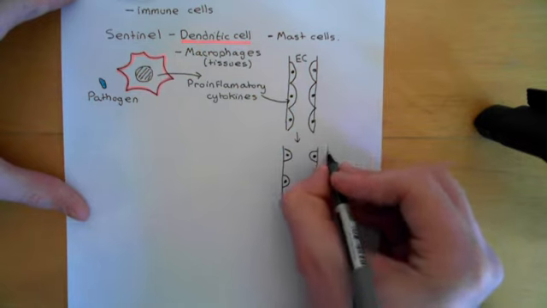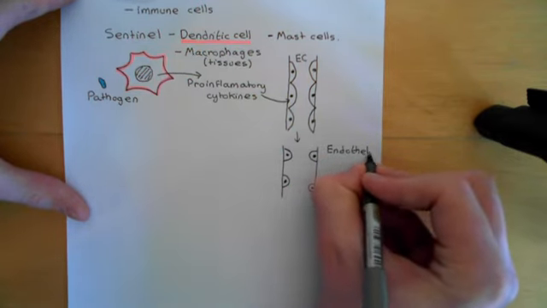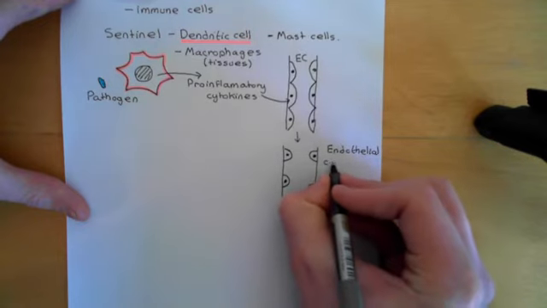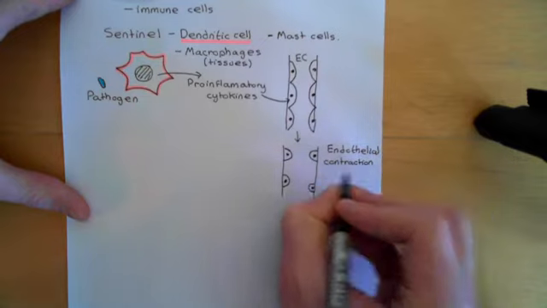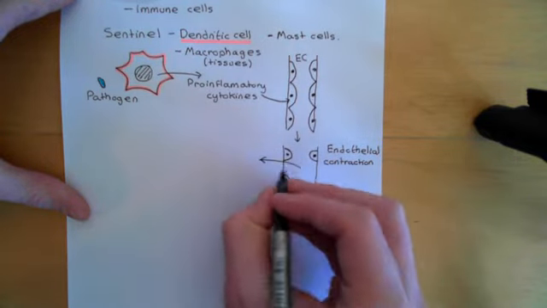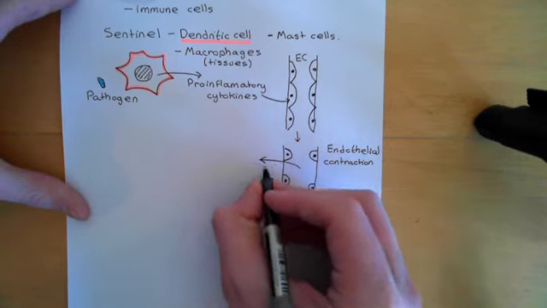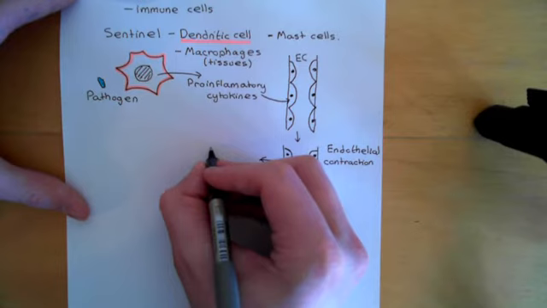So this is what's known as endothelial cell contraction, or just endothelial contraction for short. What this allows is it allows fluid from the blood plasma along with proteins that are in the blood to move across the endothelium into the extracellular fluid of this tissue.